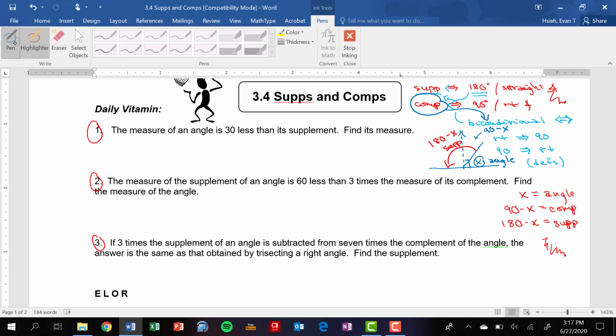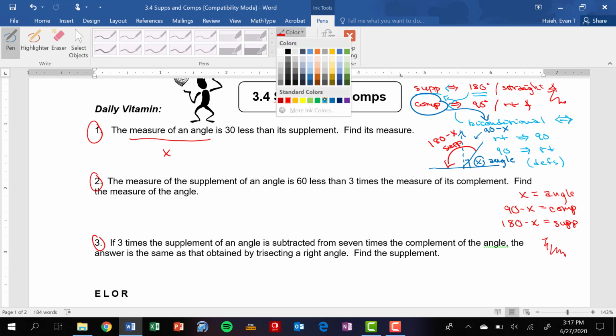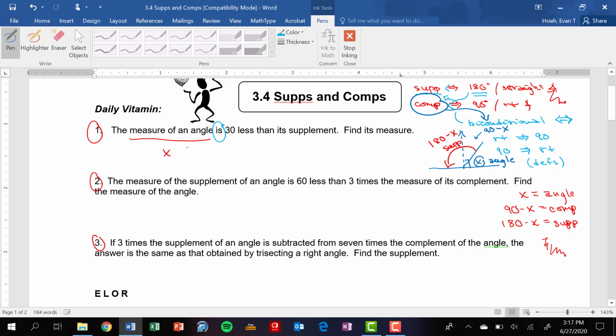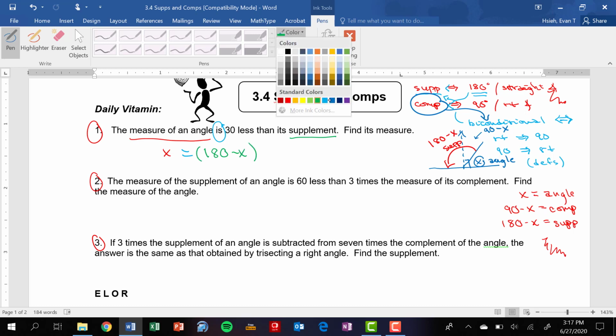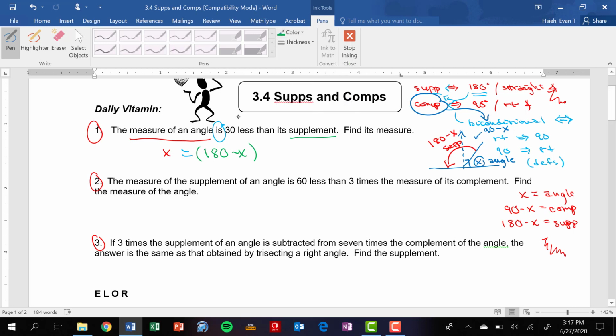So if I say that the measure of the angle, that's X, is, that's an equal sign, 30 less than the supplement. Well, the supplement is going to be 180 degrees minus X. And if I say 30 less than that, it's just going to be minus 30.